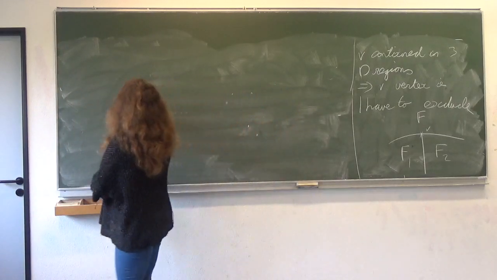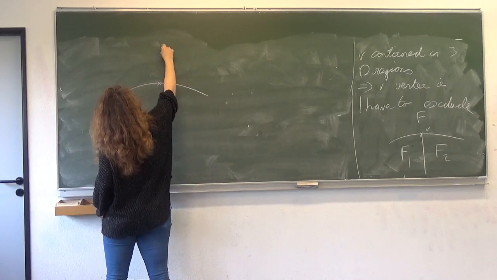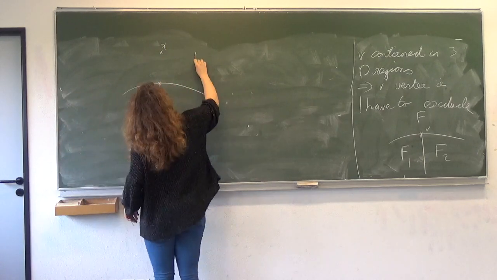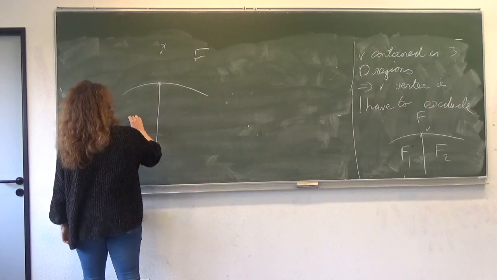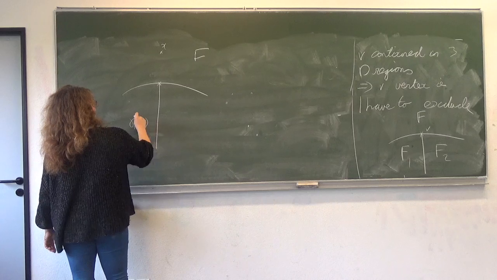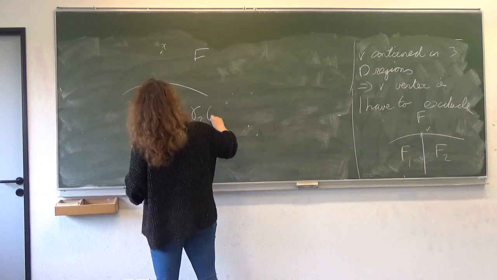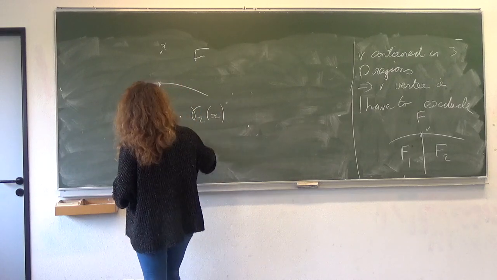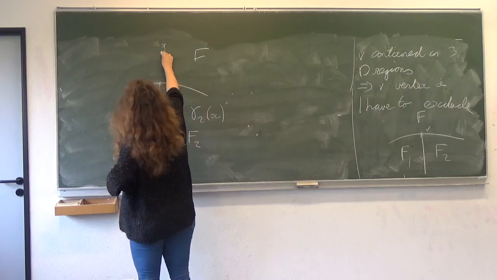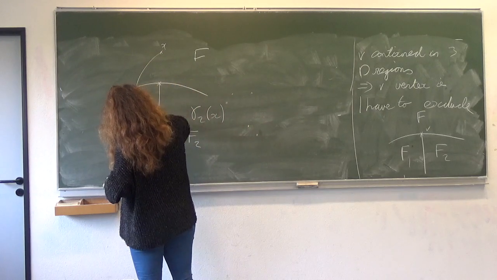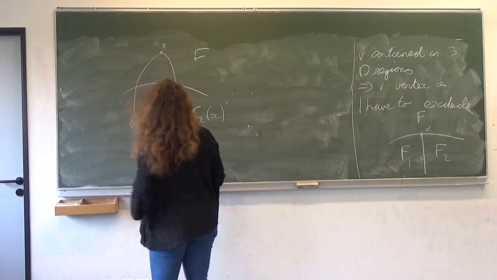Let's suppose it was like this, so I have V, which is here. Here I would have X, which is contained in F. Here I have an image, gamma 1 of X, contained in the interior of F1. Here I have an image, gamma 2 of X, contained in the interior of F2. Now let's consider these lines between X and gamma 1 and X and gamma 2.